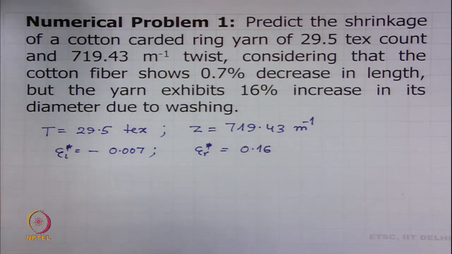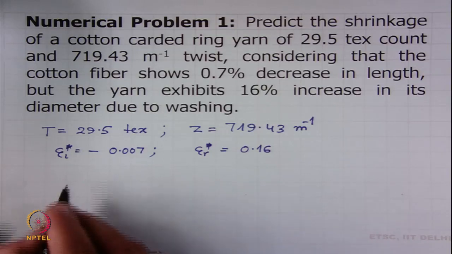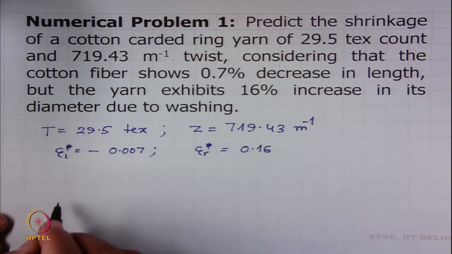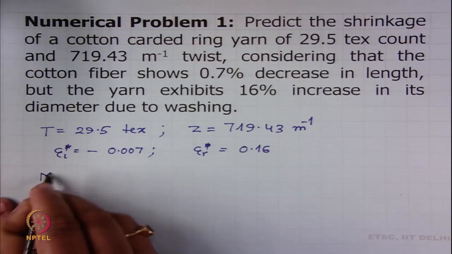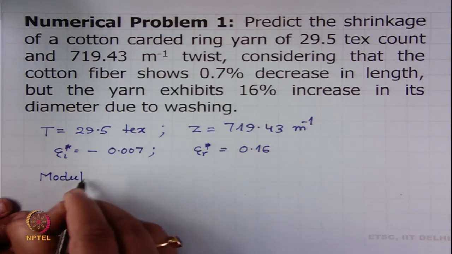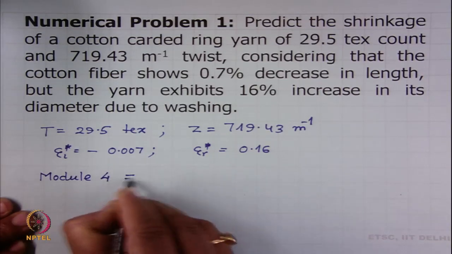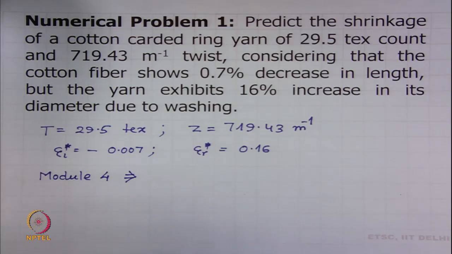Okay. So, for the shrinkage you have to find out the yarn diameter. Diameter is not given; twist is given, count is given, diameter is not given. So, if we go back to module 4, we can find out the diameter. How do you know?